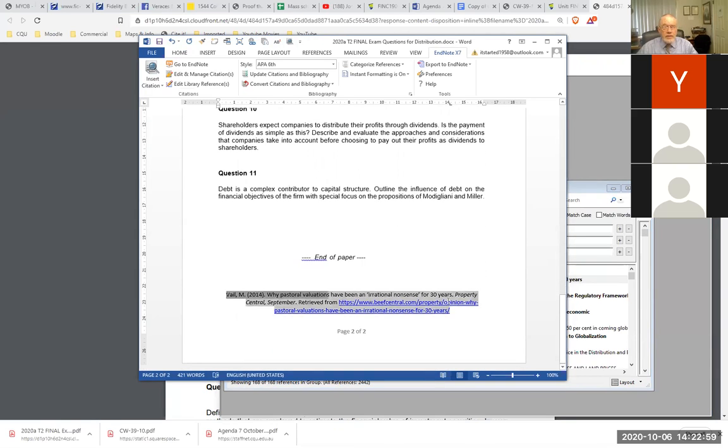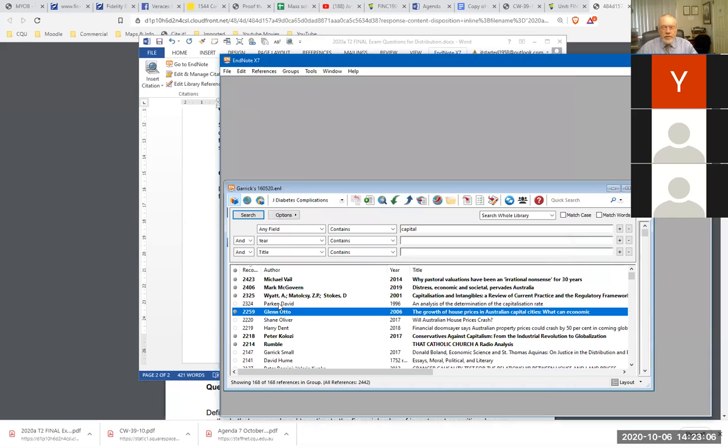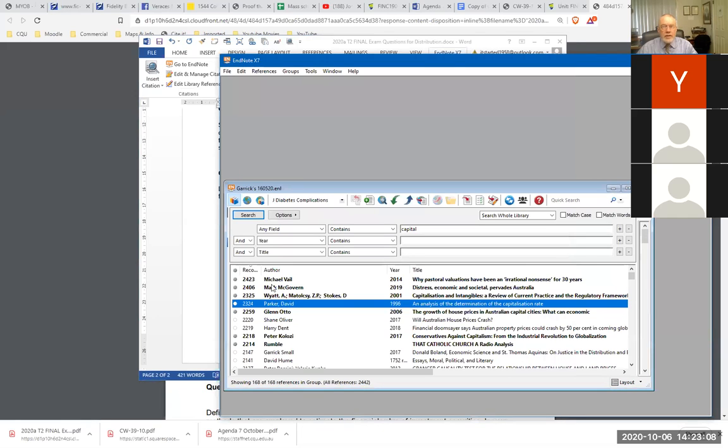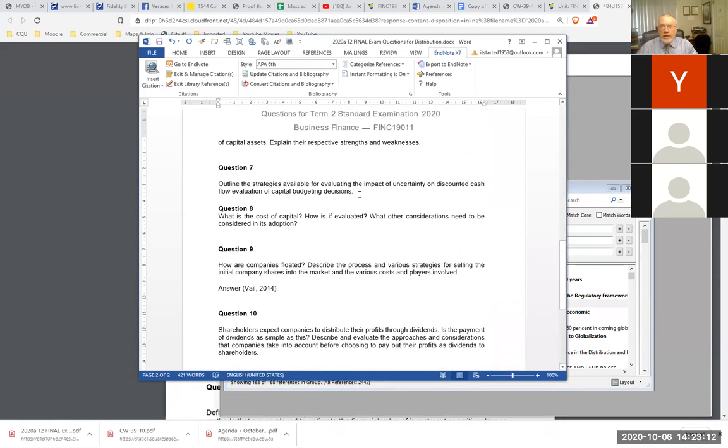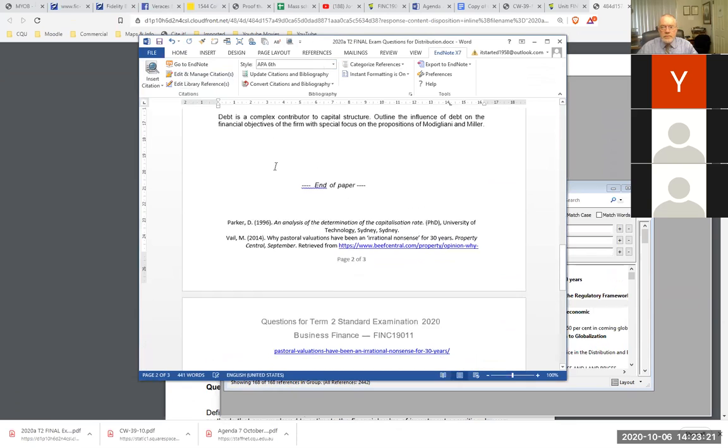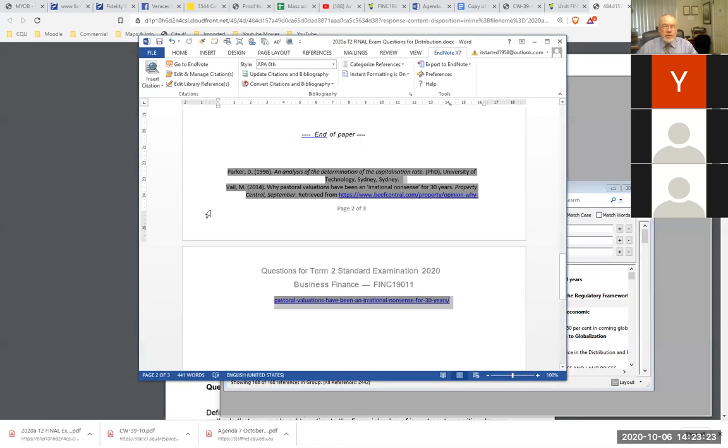And down the end, I've got my reference list being built. If I want to add another one from, let's say, David Parker, my good mate, and I want to add that somewhere else, I do the same thing: Endnote, insert, select a citation. And now Parker is in my reference list as well. See how fast it is?